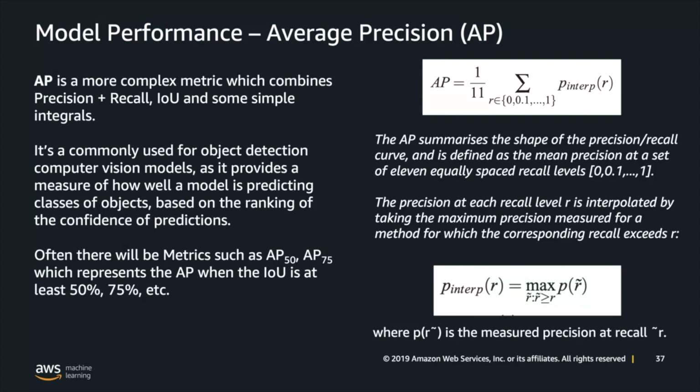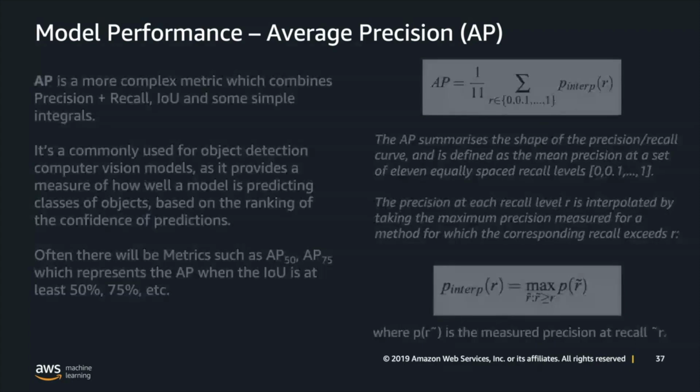So maybe your AP is calculated when the IOU is 25% or more, or maybe you want a very precise AP score, such as AP 95 or more. That means 95% of the predictions have a score of 95% or more on the IOU.